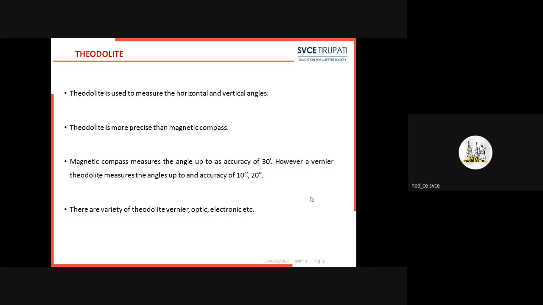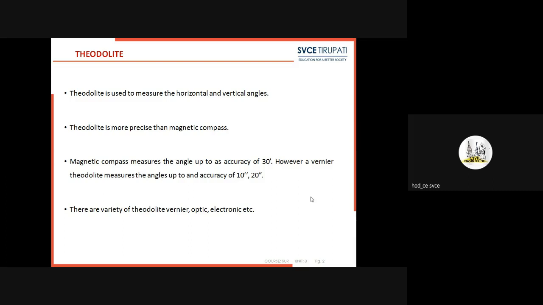And vertically we have graduations. I mean two graduations. One starts from 0 to 360 degrees, I mean ends with 360 degrees. That means it is a complete graduation from 0 to 360 and its least count is 20 seconds.